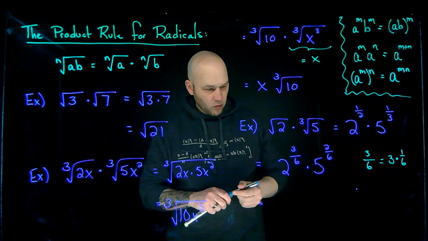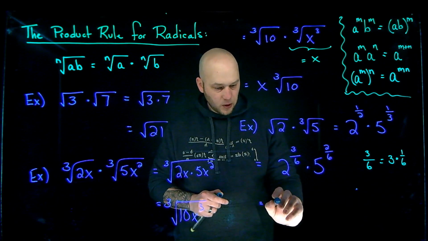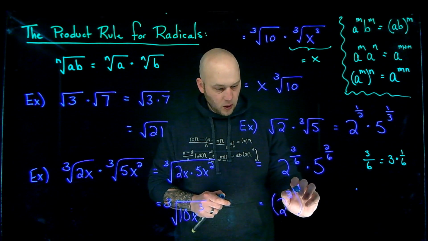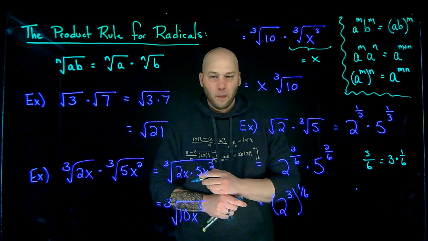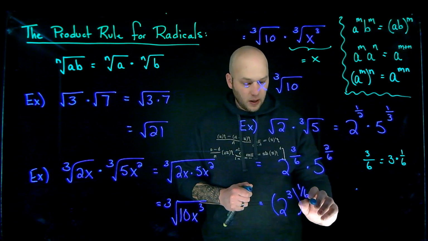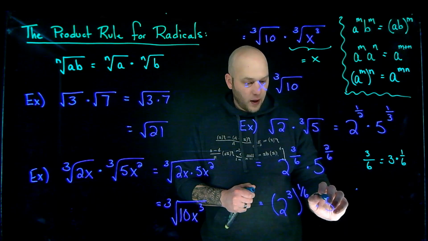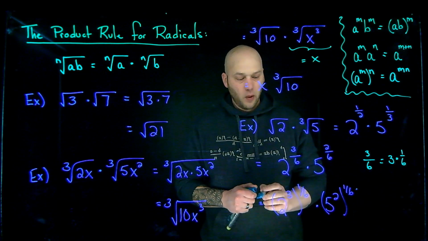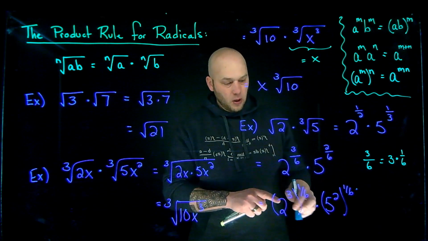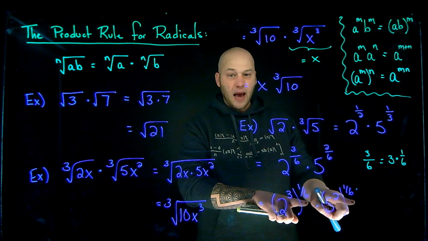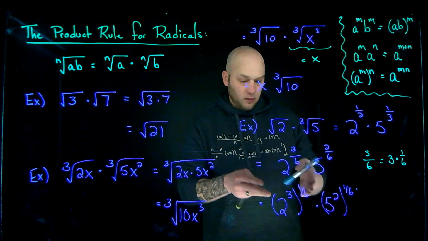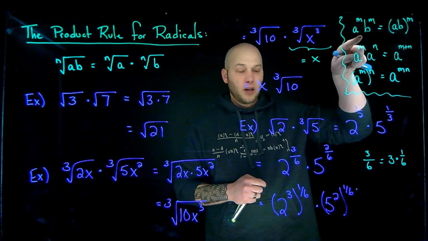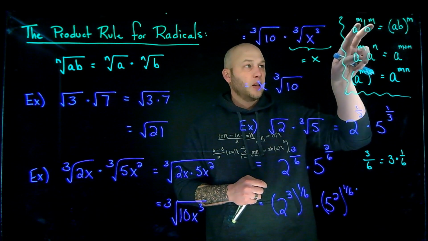That means I'm going to write 2 to the 3/6 as 2 cubed to the 1/6 power. And then 5 to the 2/6, in a similar way, I'm going to write this as 5 squared to the 1/6 power. So after that manipulation, notice that the exponents now match. 1/6 something, 1/6 something, and that looks like the first statement up here where the bases could be different, but the exponents match.